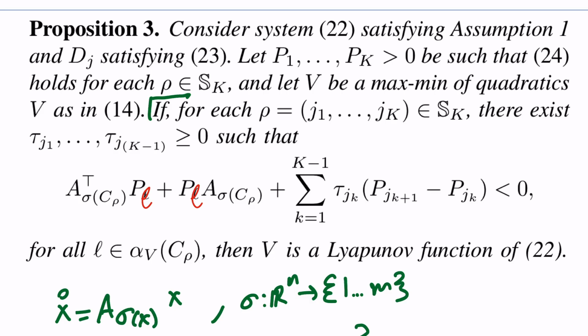All right. And then again, for a given row, we have C sub row. Then C sub row, you pass it through, considering our switching mechanism, you also determine which subsystem would be active.